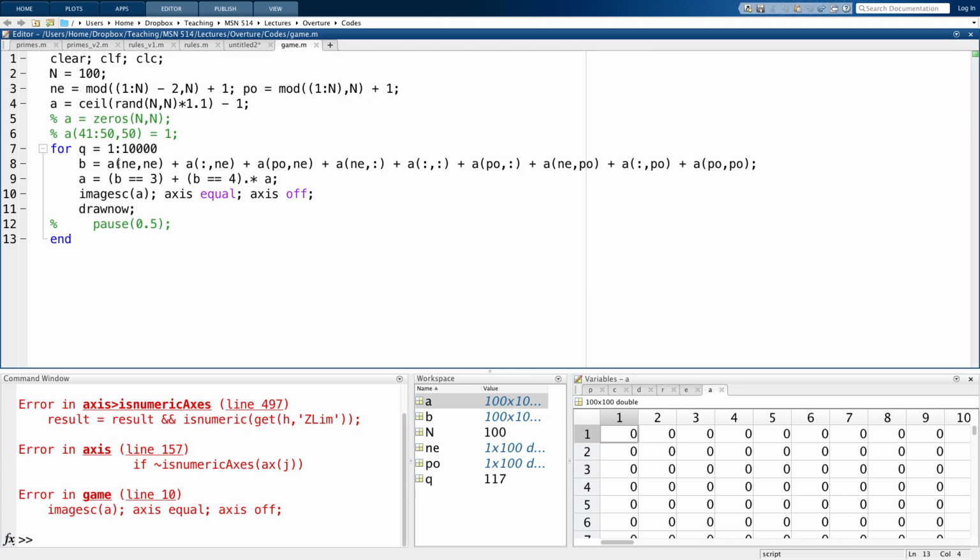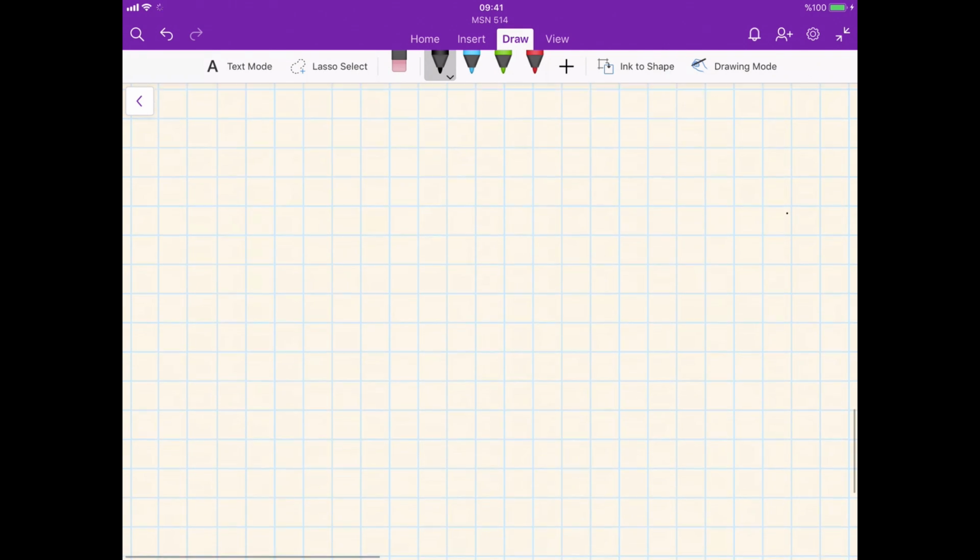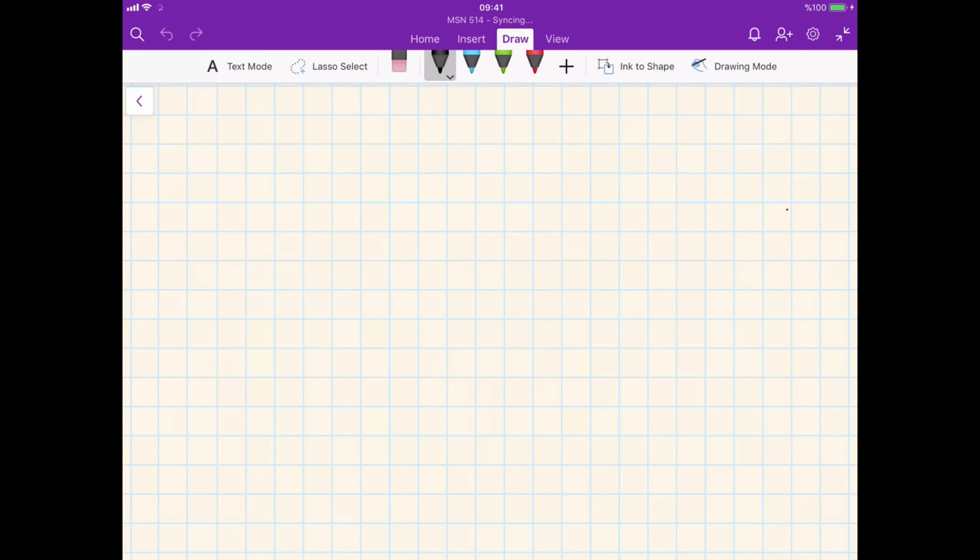So, what is this line doing? Yes, exactly. It's taking the left. Okay, let me draw it. Let's say you are interested in this cell, then what A negative is doing is looking at this cell, right?